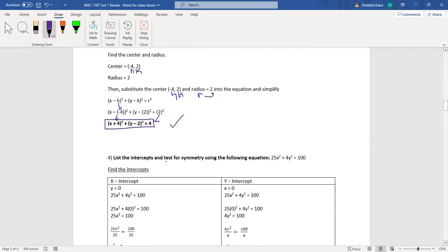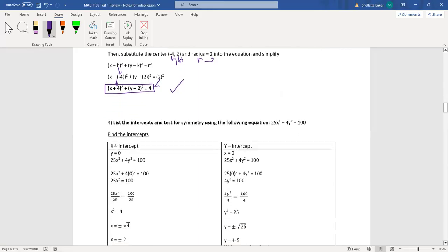Next, we want to find intercepts and test for symmetry using this equation, 25x squared plus 4y squared equals 100. To find the x-intercepts, remember for every x-intercept, y equals 0. So we will take that original equation and we're substituting 0 for y. We have 4 times 0, that's just 0. Carry down 25x squared equals 100.